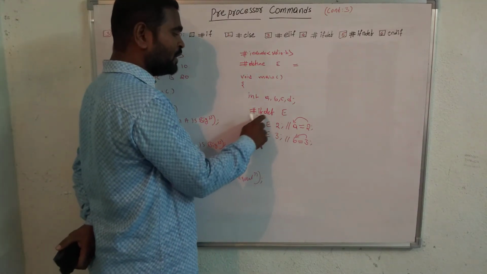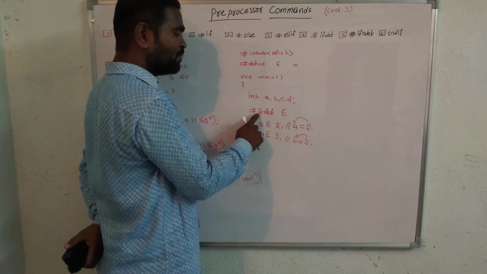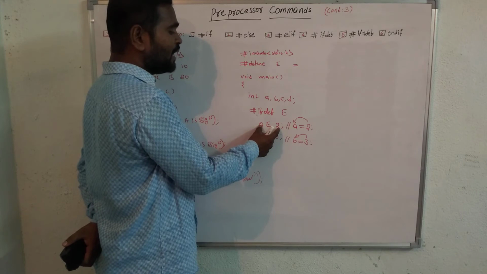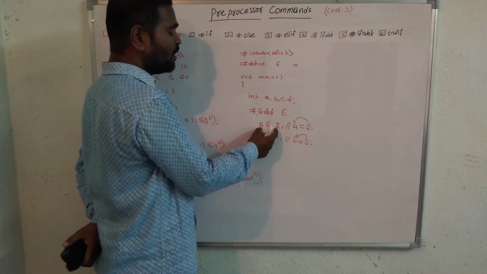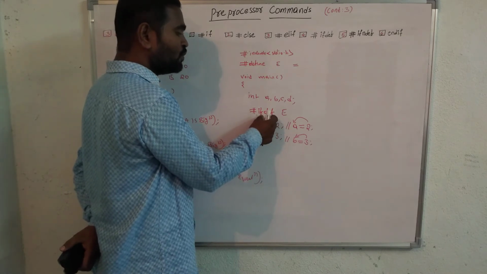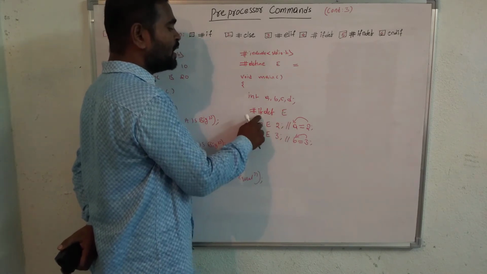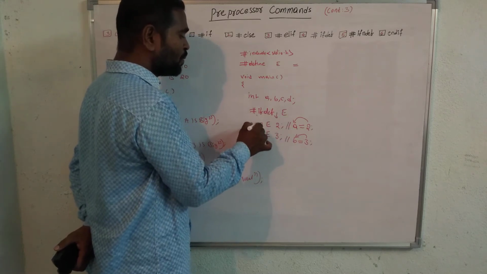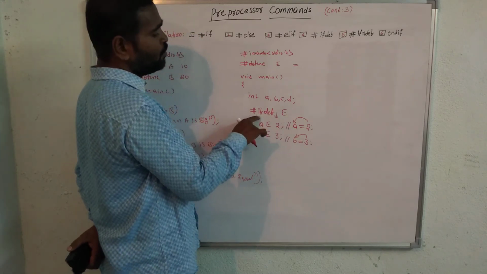#ifdef E: if you define E, then these statements are evaluated properly. So if you define E, then only this statement is true, then only enter into this group of #if block statements.